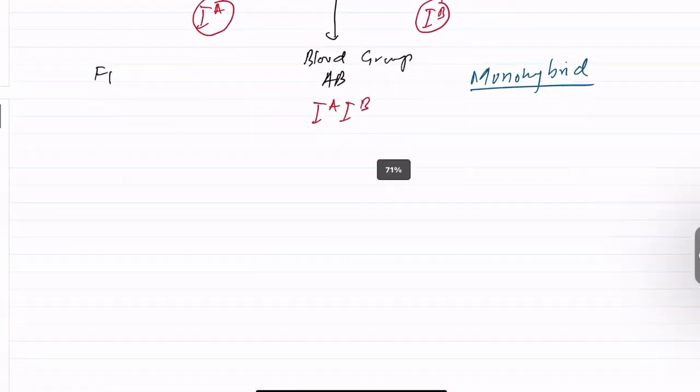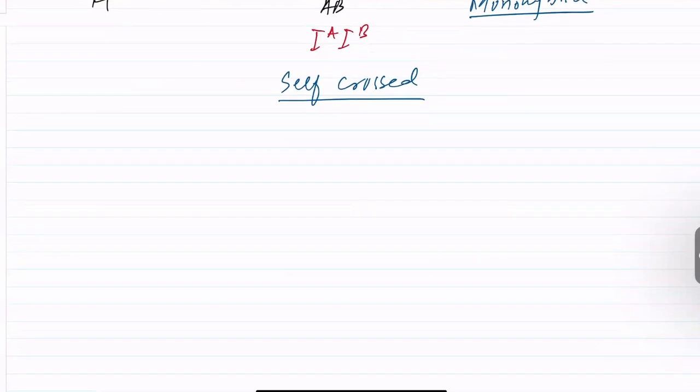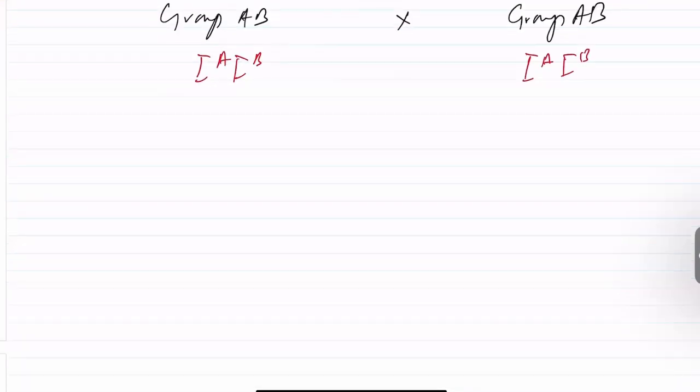Now, if it is self-crossed, it means an individual with AB blood group is married to another individual with blood group AB. So this has genotype IA IB, and this has IA and IB.